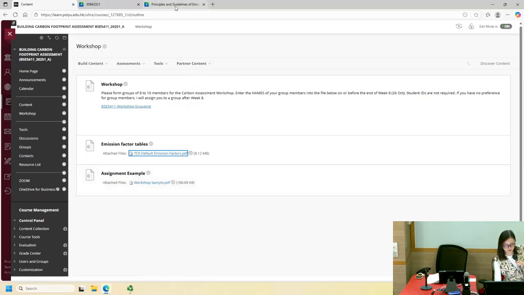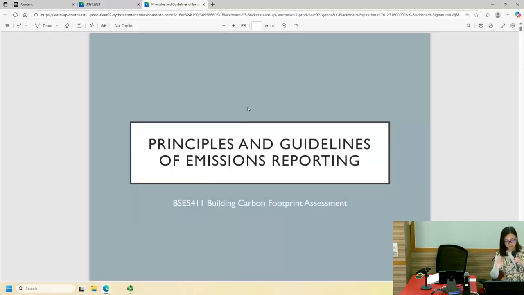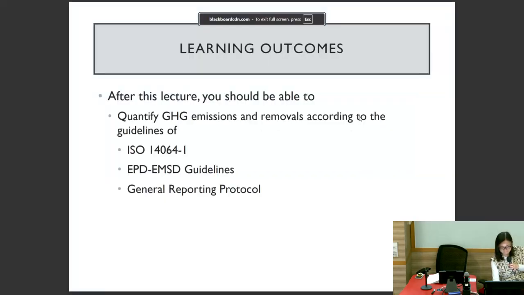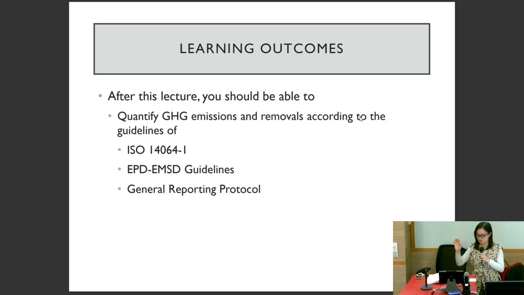And for today, we will study the principles and guidelines of emissions reporting. Actually, we learned about the Greenhouse Gas Protocol corporate standard in the lecture last week.